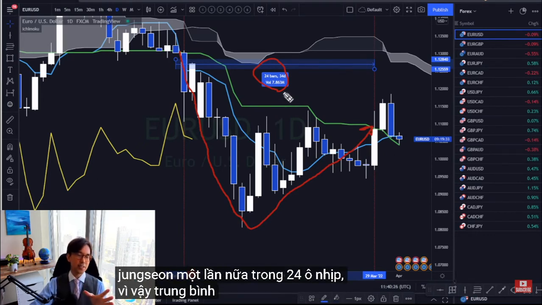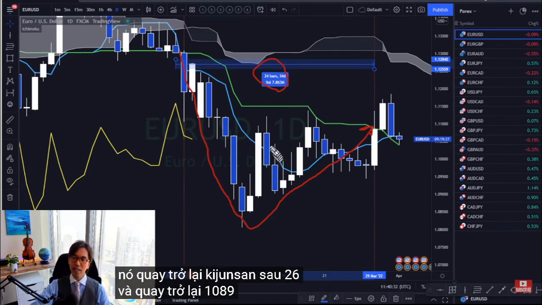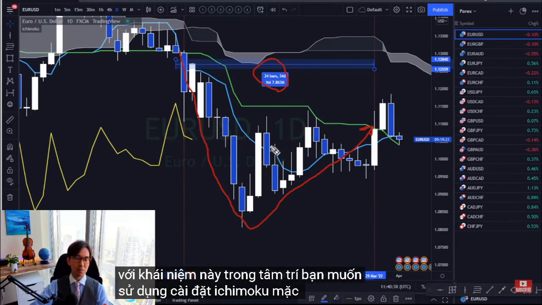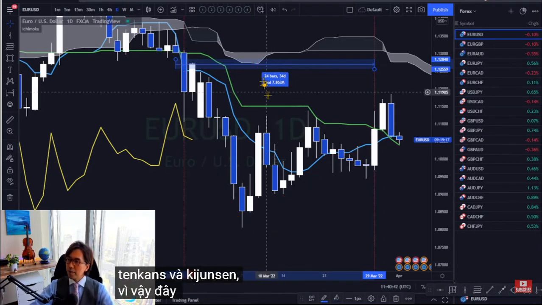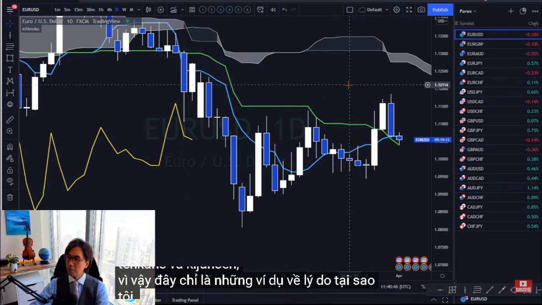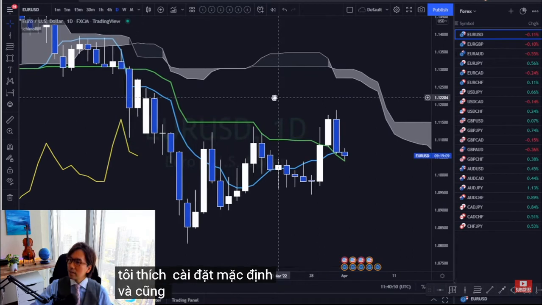So on average, it retraces back to Kijun-sen in 26 and retraces back to Tenkan-sen in 9. With this concept in mind, you want to use the default Ichimoku settings for Tenkan-sen and Kijun-sen. These are just examples of why I prefer the default settings.